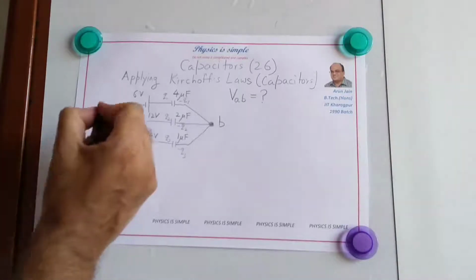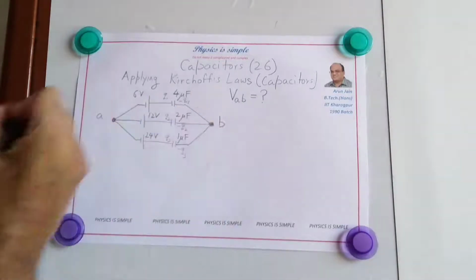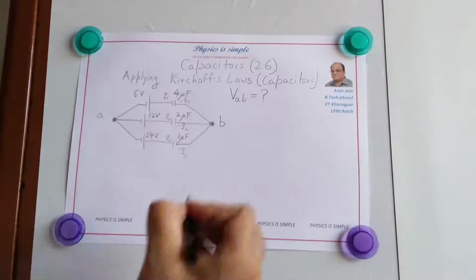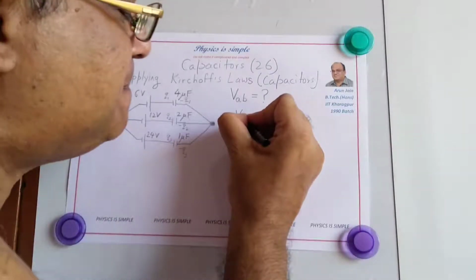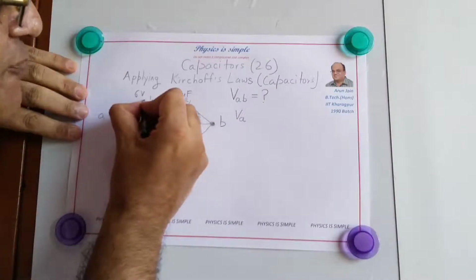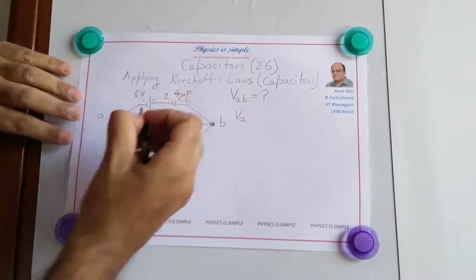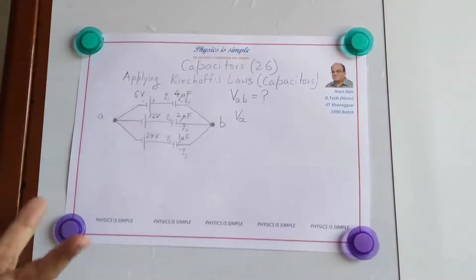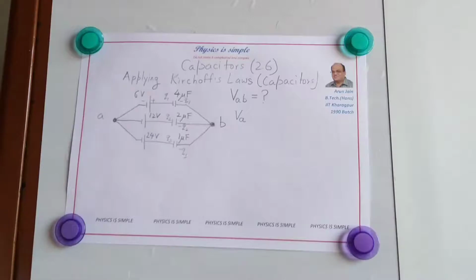Now as we go from A to B, the change in potential will be the same. So when we are at A, say the potential is VA. Now we go this way. We are going from the minus side of the battery to the plus side of the battery. So therefore our potential is increasing by 6 volts, to climb up.